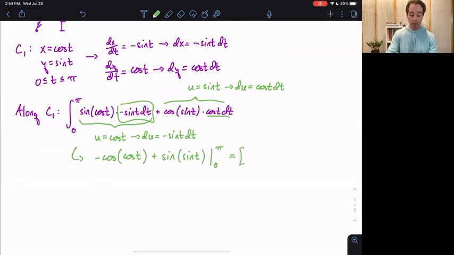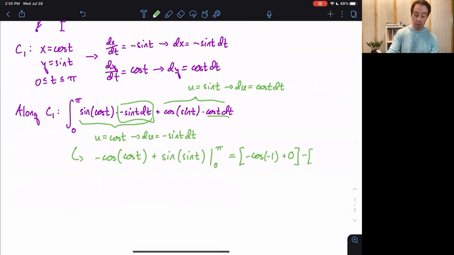So for the pi evaluation, cosine of pi is negative 1. So we've got negative cosine of negative 1 right there. Negative cosine of negative 1. And then sine of pi is 0. Sine of 0 is 0. So this is plus 0, which you can choose not to write if you want.